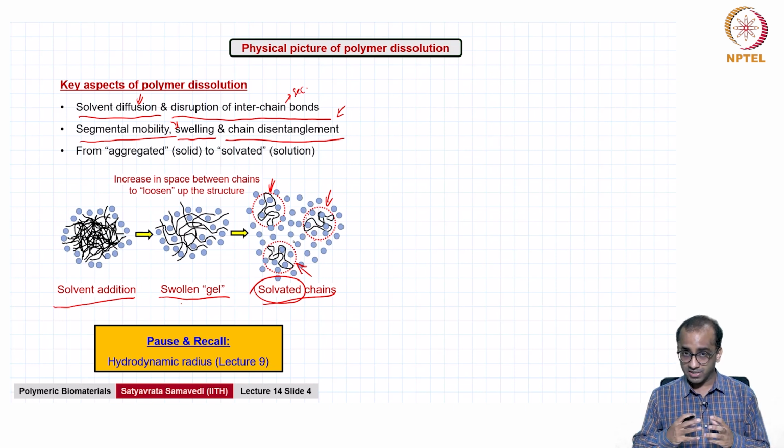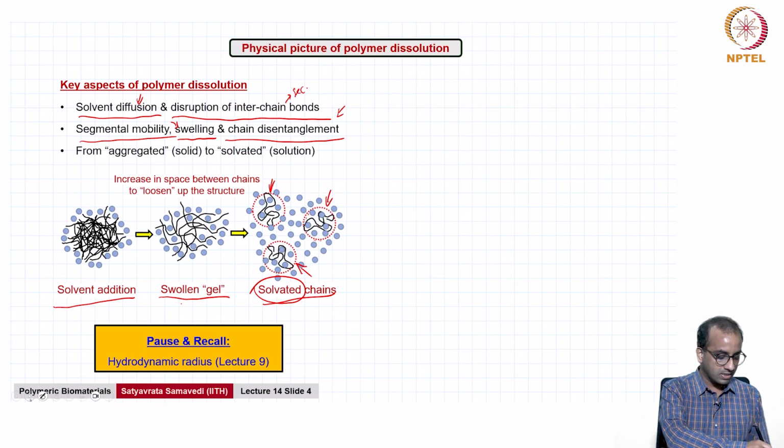Of course, the chains are also spaced apart, and later on we will see in this lecture that is also a function of polymer volume fraction. How much polymer is eventually present, or the polymer to solvent ratio, will determine whether chains are still entangled, or chains are overlapping, or chains are very far apart. These things are all determined by how much solvent you have added and what is the polymer volume fraction in the final solution.